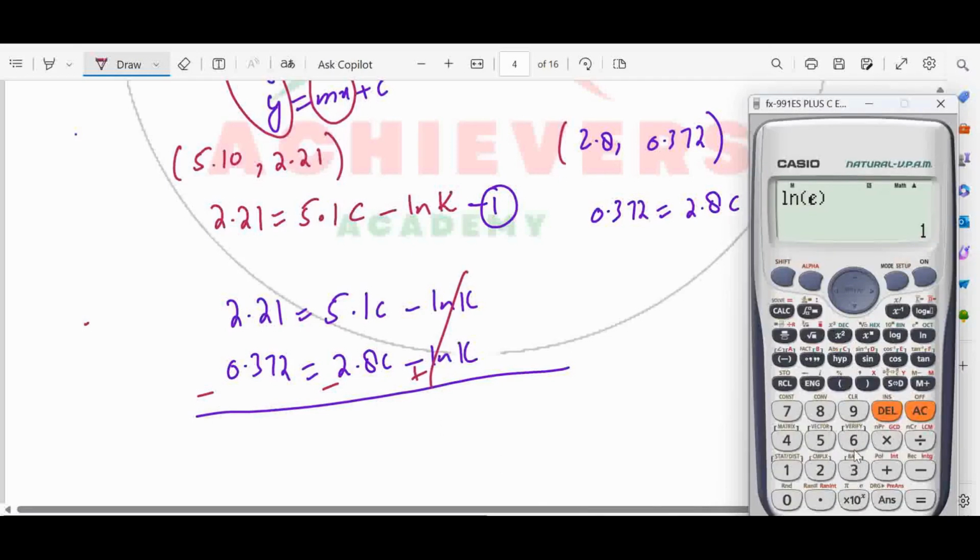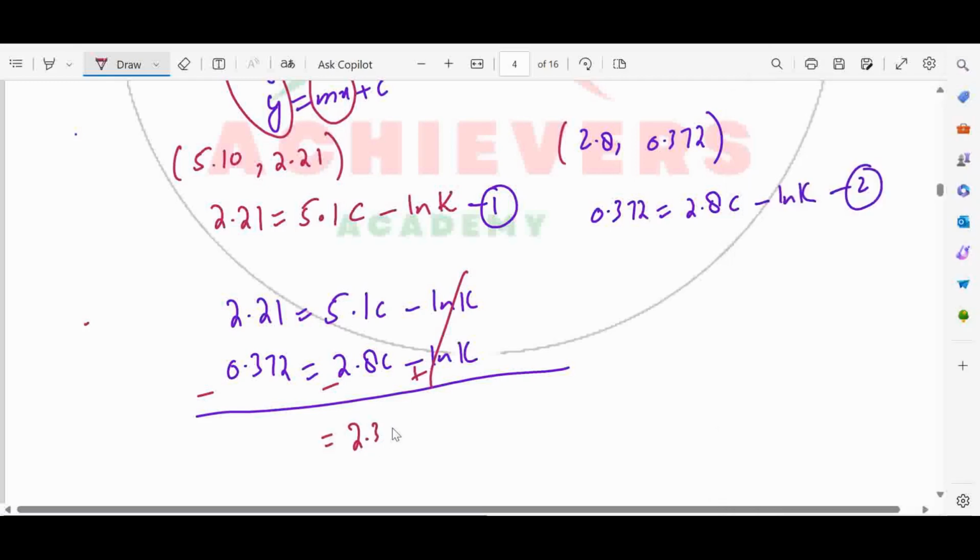So 5.1 minus 2.8 will be equal to 2.3, so 2.3c.